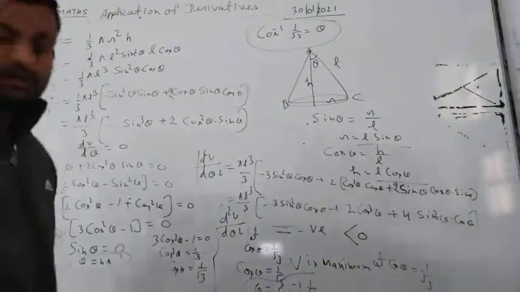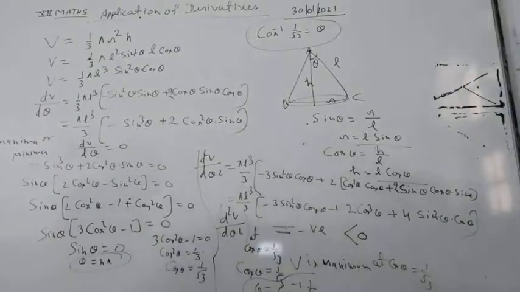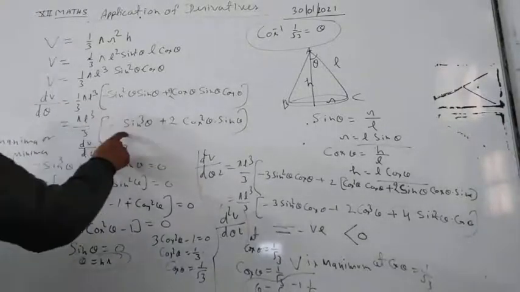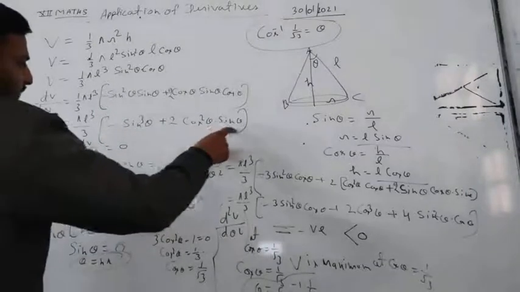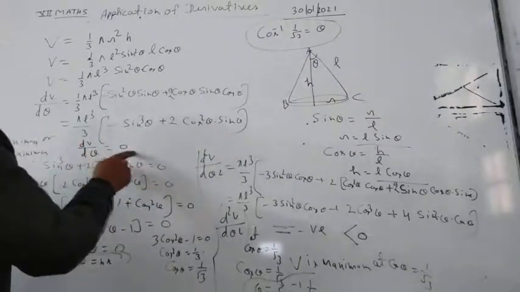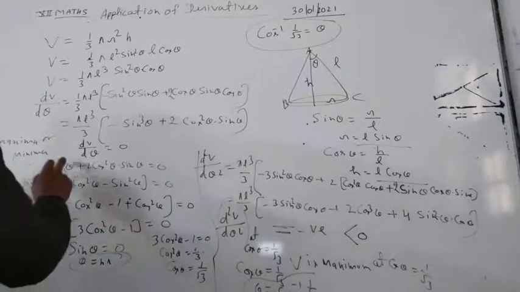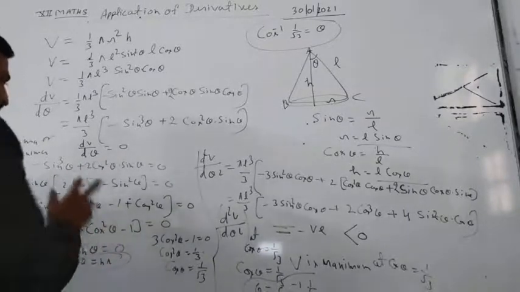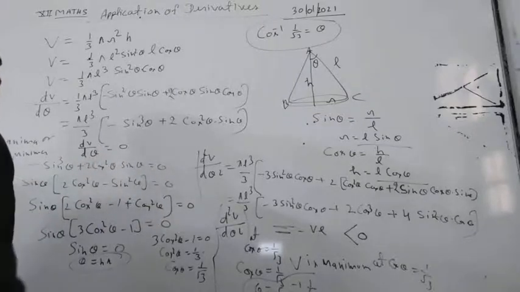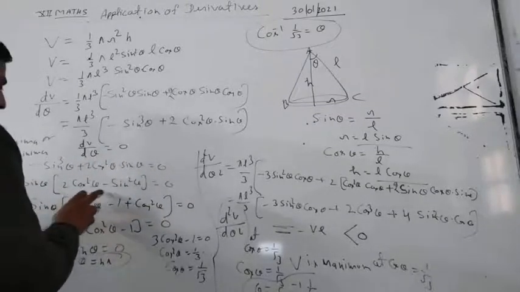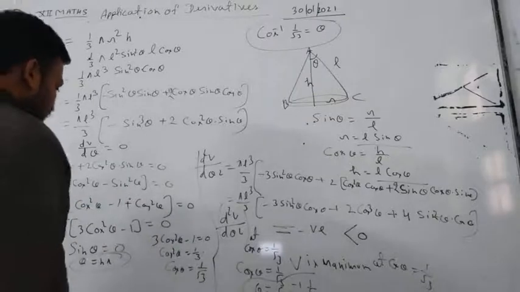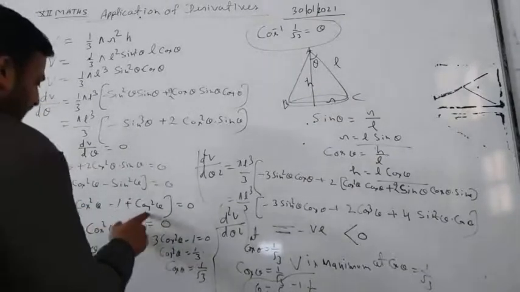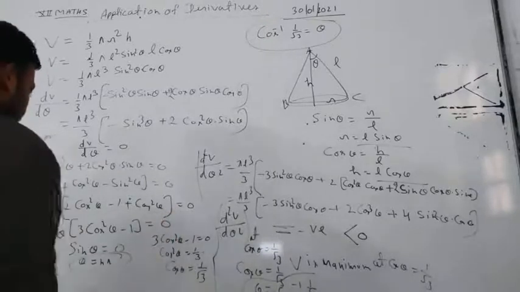Okay students. So this can be written as minus sin cube theta plus 2 cos square theta sin theta, and dV by d theta is 0. You know for maxima and minima we always use the first derivative equal to 0. So sin theta times (2 cos square theta minus sin square theta) is equal to 0. So sin theta times (2 cos square theta minus 1 plus cos square theta) is equal to 0.